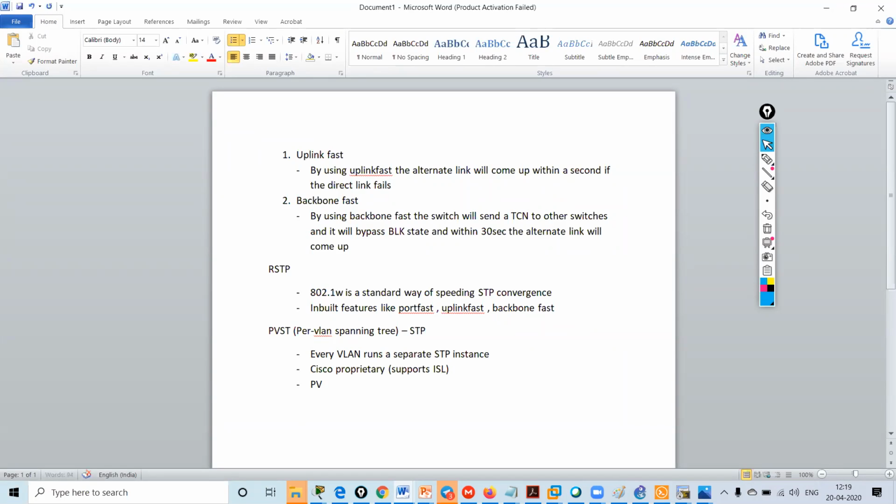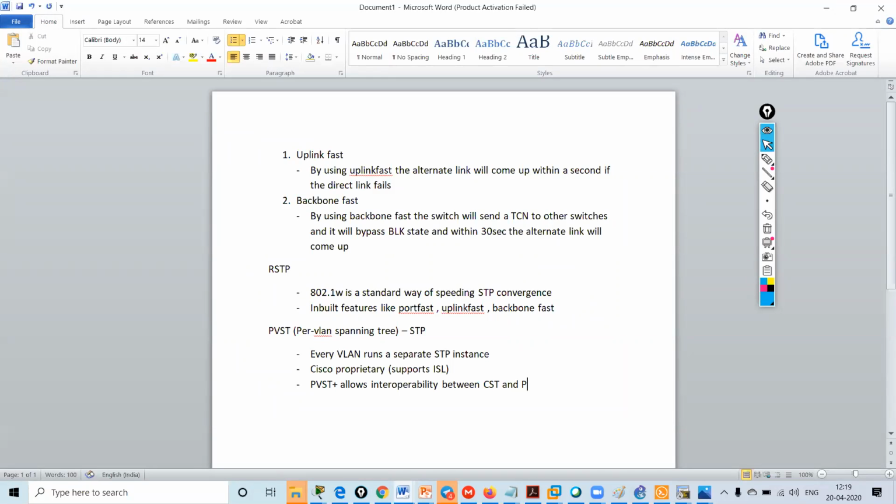Now PVST plus allows interoperability between CST and PVST. What is CST? Common spanning tree.